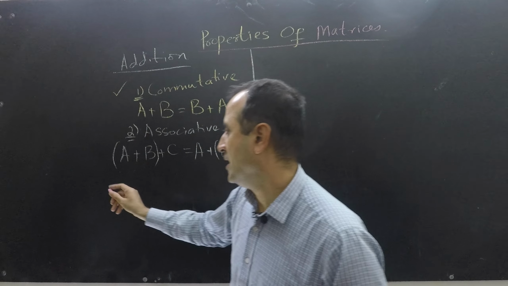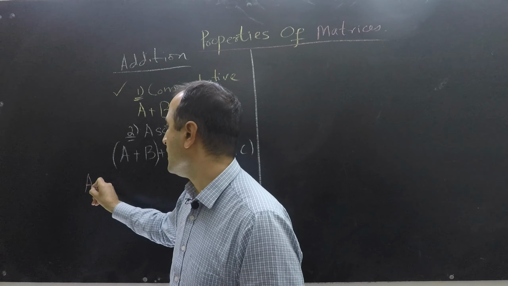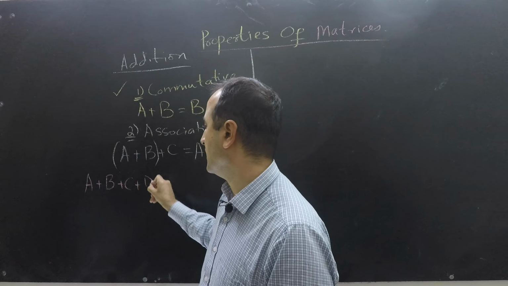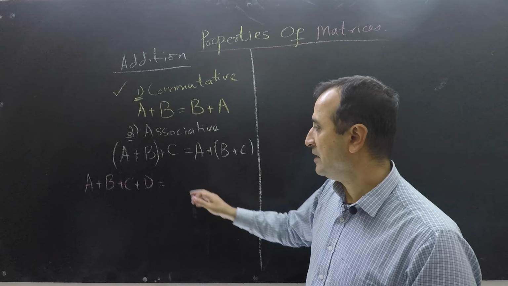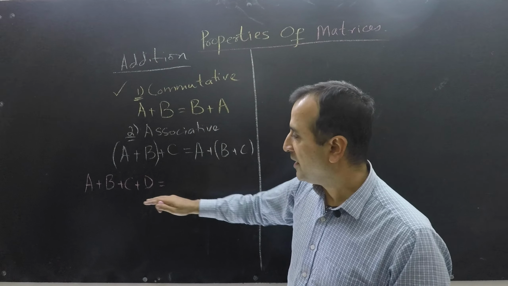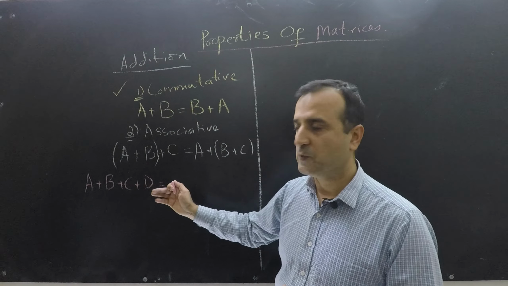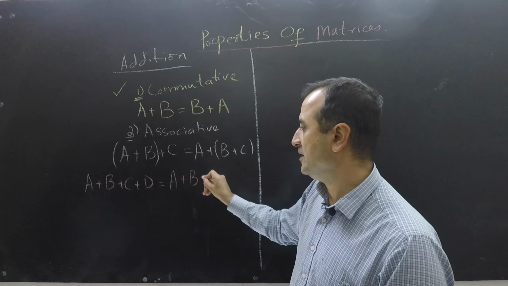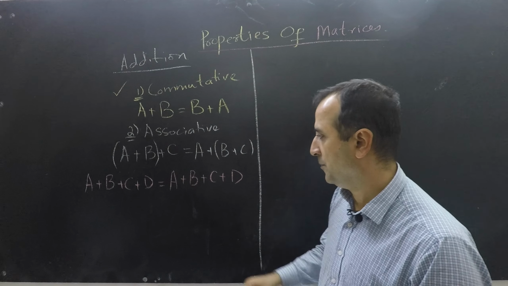Now let's quickly do the 4 matrices example to make the concept clear. So we have A plus B plus C plus D. In case of 3 matrices there are only 2 possibilities. In case of 4 matrices, there are more than 2 possibilities, but we are only going to explore some of them.